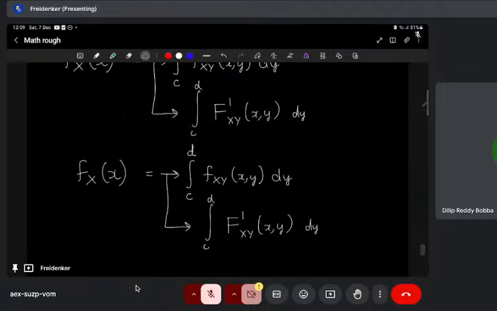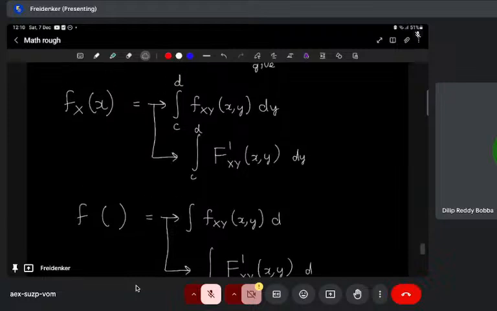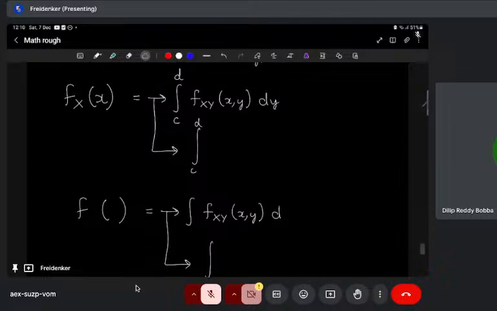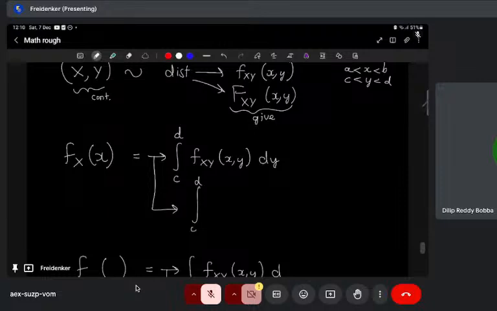So if you want to find, okay, when I say differentiate, with respect to what will you differentiate? With respect to x or y? That will be a good question, no? So let me read it. If you have a joint CDF, it's a function of two random variables.